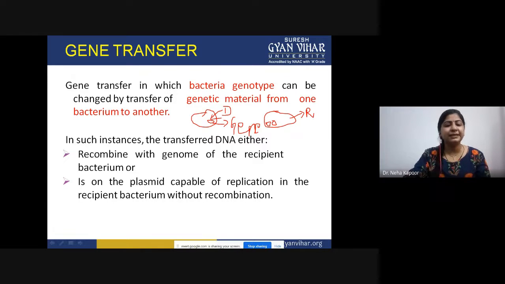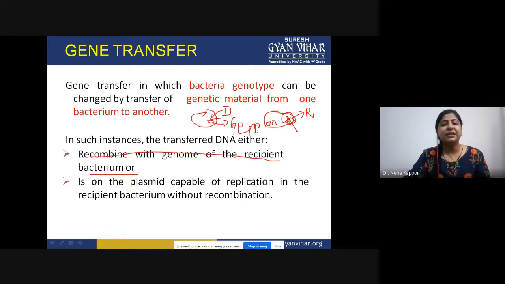in that case, either this gene can be integrated inside the genome. This is, suppose, the genome. Either this gene can be integrated into the genome of this recipient bacteria. That is the first case, where it is recombined with the genome of the recipient bacteria.